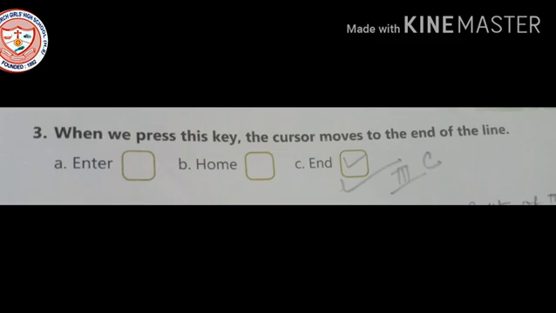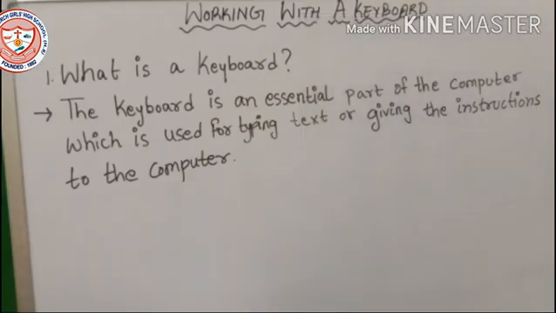Now you are going to do the following question answers on your own. I am only giving you the answer to question number 1, what is a keyboard, because your answer in the book is not a perfect answer. So please note down the answer.